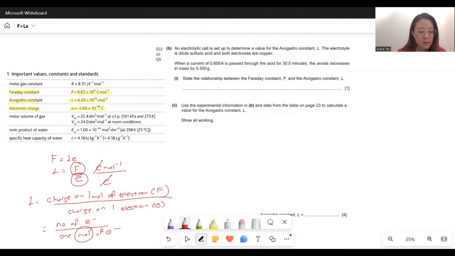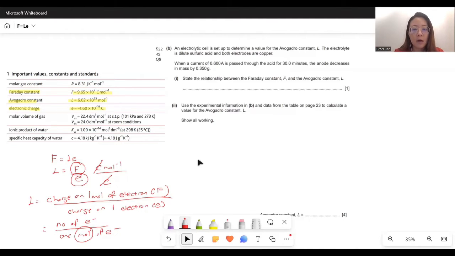Yes, you may go back to year 10 or SPM level, where the Avogadro constant is the number of atoms or molecules that is exactly the same as the number of atoms in carbon 12, the very long version. That one is also true, but we're going to use these 2 most of the time for the calculation.